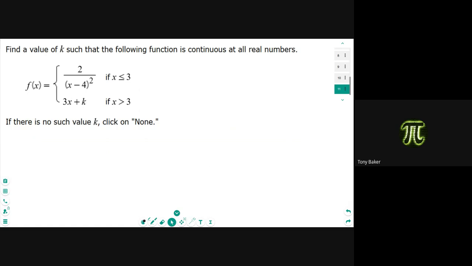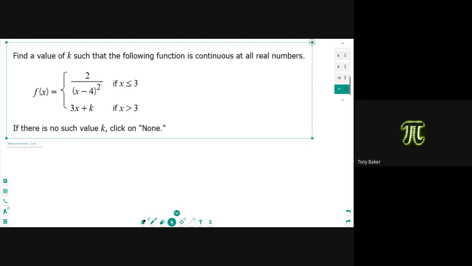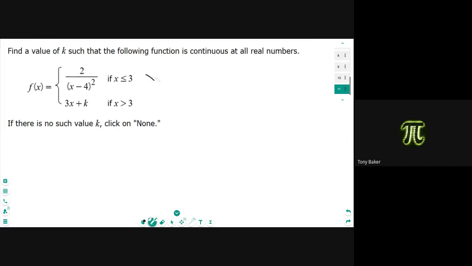Step one, look to see if there are any other discontinuities that could cause me a problem. Is there any discontinuity in either the first function or the second function? What was it? 4. So 4 does not work up here, right? So x cannot equal 4. Is that within the domain that they gave me? No. Okay, so we can do this problem.